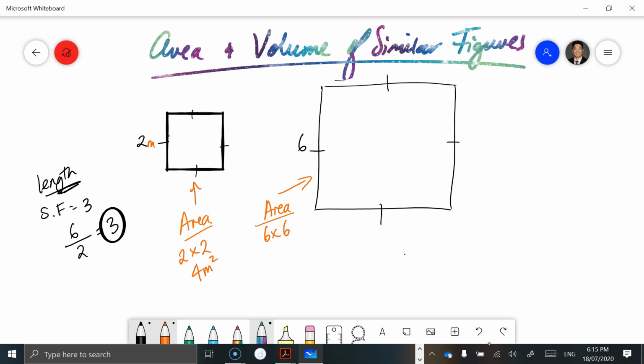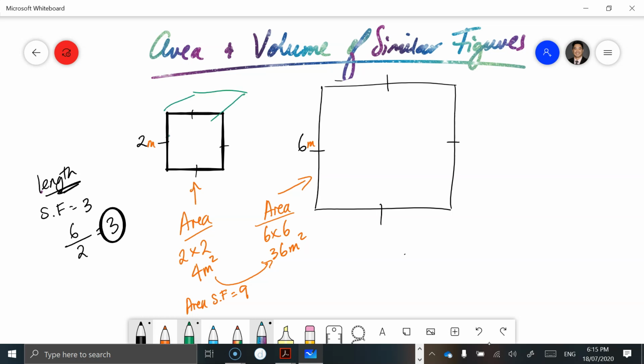So we've got 4 meters squared versus 36 meters squared. You can see that the scale factor of the area is 9 times. So the area scale factor is 9.